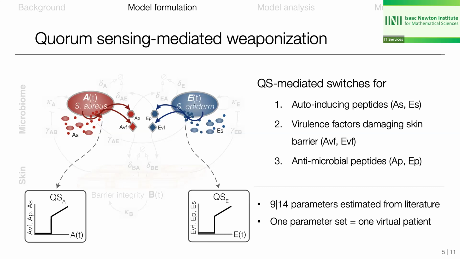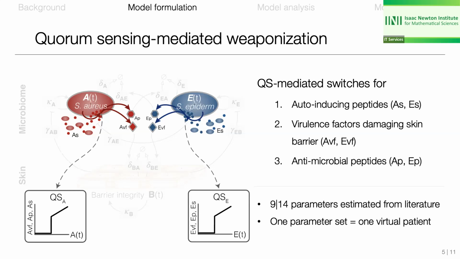The final point is that we tried to estimate as many of the parameters as we could directly from literature, and we managed to estimate 9 out of 14 of those, where one parameter set would represent one virtual patient.